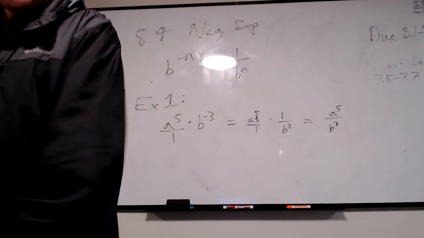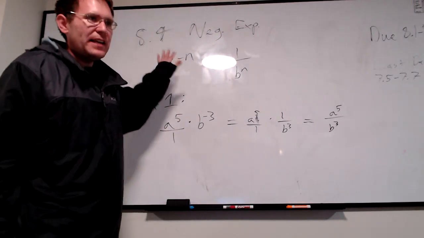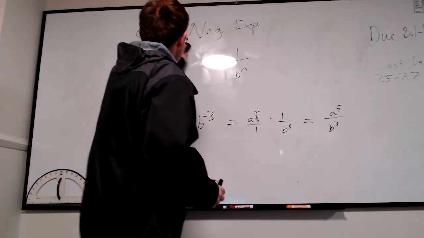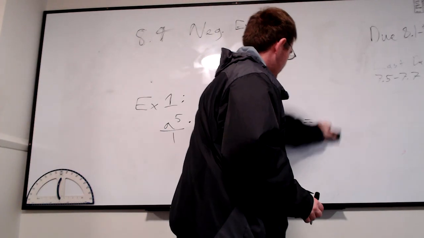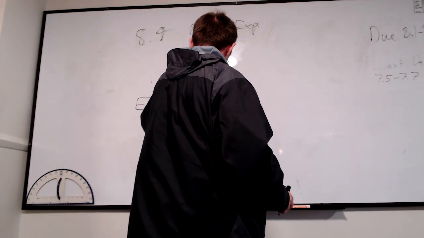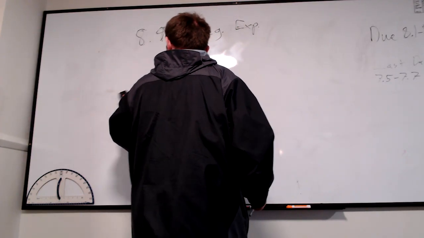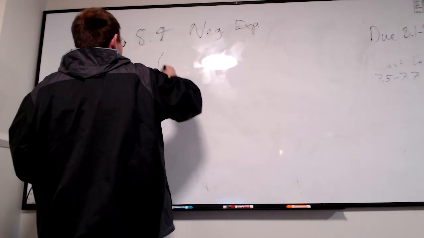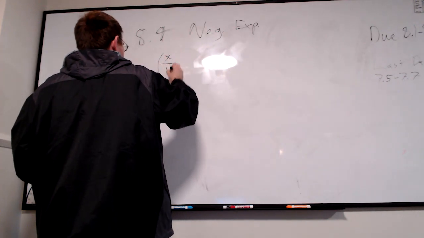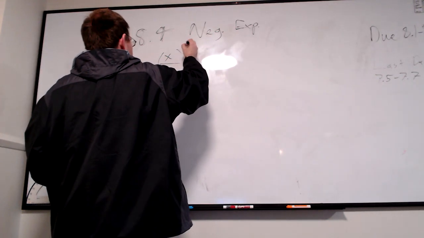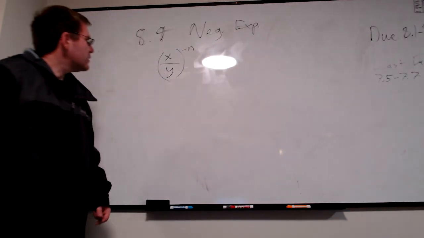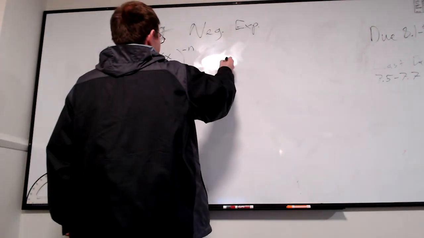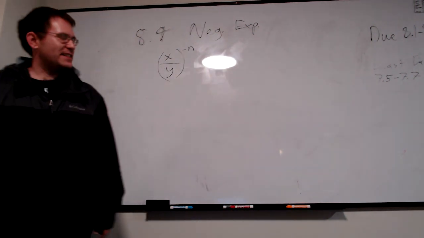Now we have another big idea that relates to this flipping notion. If we have a fraction, x over y to the power of negative n, that's the same as, anyone have a guess?